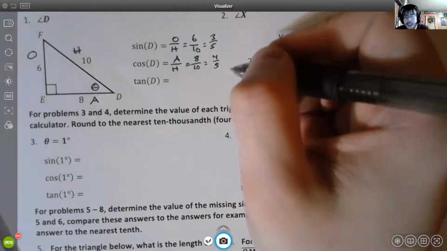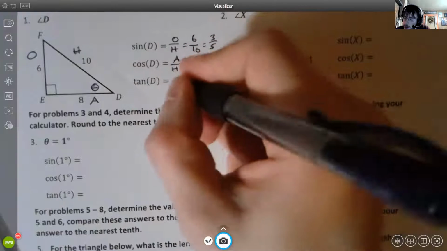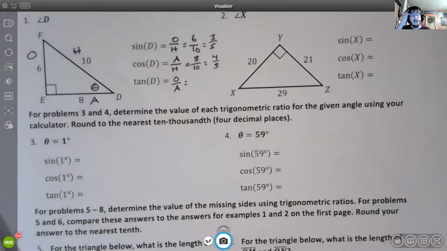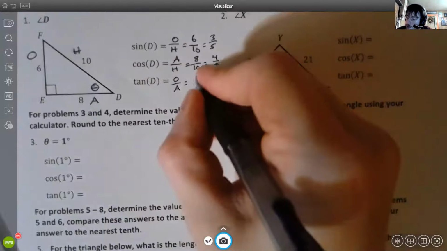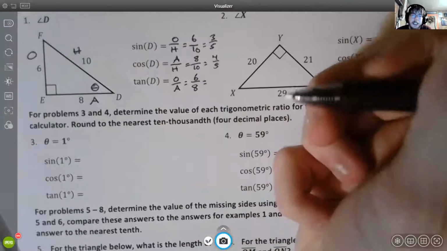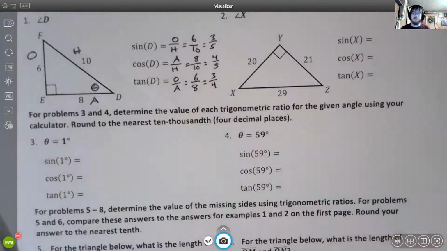And finally, tangent of theta will be O over A. Your opposite is 6. Your adjacent is 8. And if you simplify this in the calculator, you end up with 3 over 4.